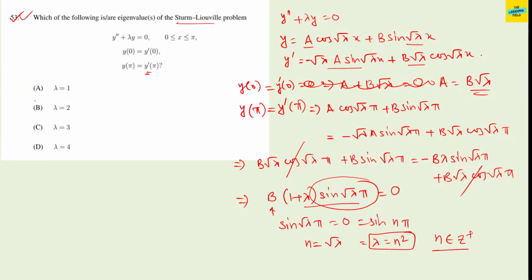So n equal to 1 means 1 square, which is correct. 2 is not a perfect square number. 3 is also not a perfect square number. 4 is a perfect square number, 2 square equal to 4. So for n equal to 1 this is true, for n equal to 2 option D is true. Therefore options A and D are the correct options.